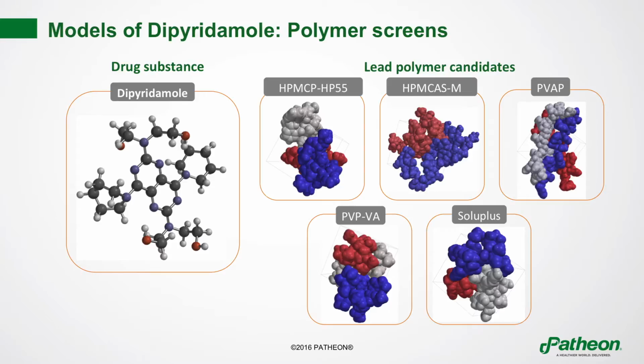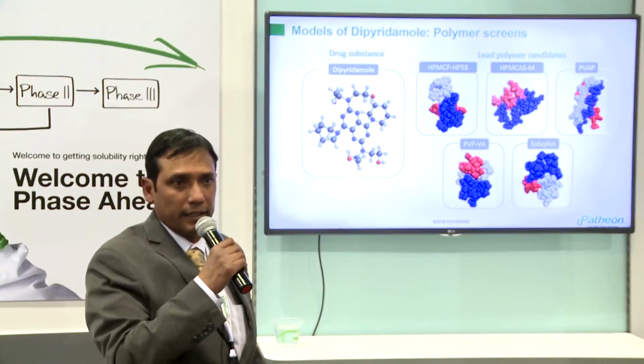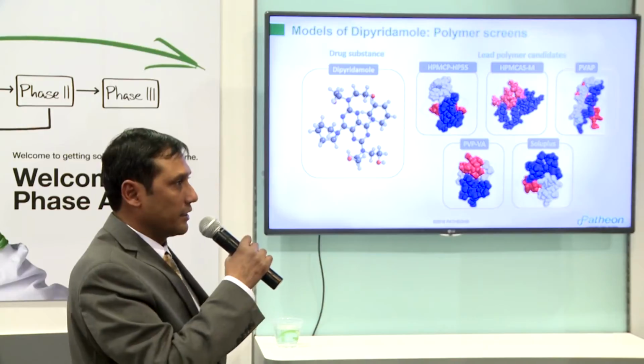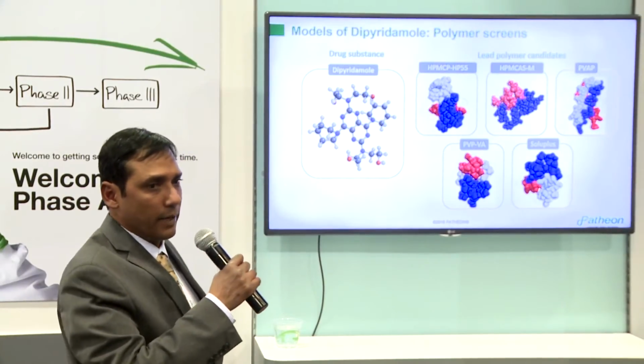In this case, for dipyridamole, the modeling approach shows that those 5 polymers that I'm showing on the right of the screen here, HPMCP HP55, HPMCAS-M, PVAP, PVPVA, Soluplus, those 5 have a high probability of succeeding as an amorphous dispersion polymer. With that, I am going to turn over the rest of the presentation to my colleague, Matt Wessel. Matt?